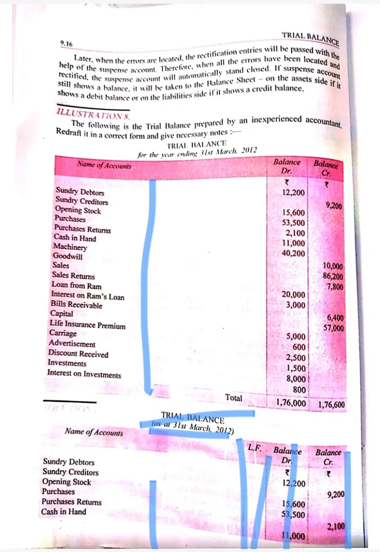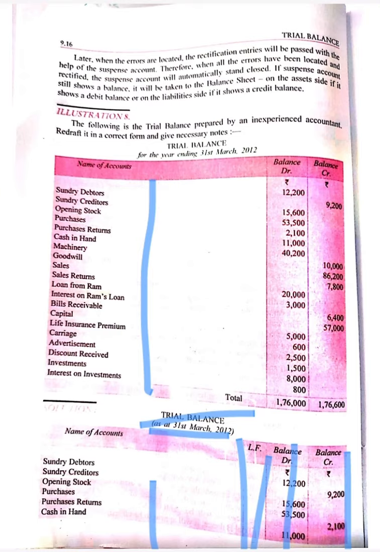Cash in hand, asset, debit. Machine, asset, debit. Goodwill, asset, debit. Sales income, credit. Sales return, debit. Loan from Ram is a liability. We have to pay Ram, so it will be credited.